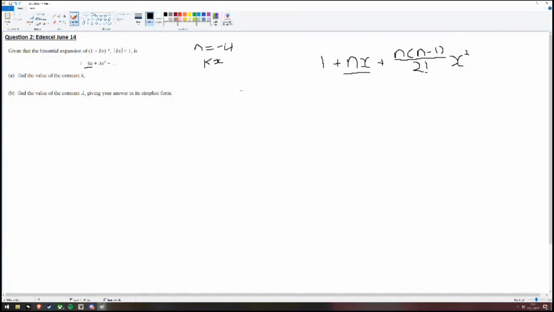So we are subbing in kx, so minus 4kx is equal to minus 6x. Now we can immediately cancel off the x's, so minus 4k is equal to minus 6. So we can get immediately that k is equal to 3 over 2.